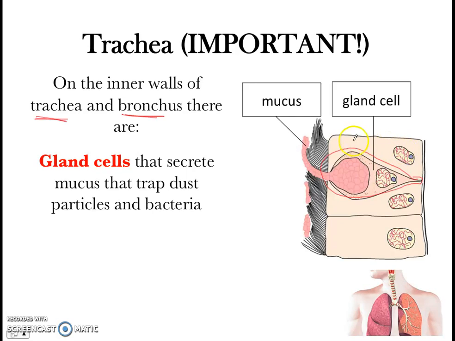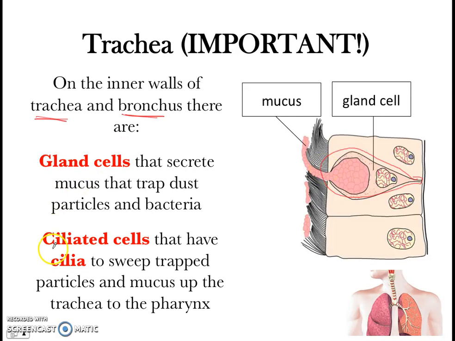You'll notice a second kind of cell here. What do you notice about it? It has these hair-like structures. So on the inner walls of the trachea, there's also ciliated cells. Ciliated cells that have cilia. Cilia meaning hair. They have cilia, and these cilia, their function is to sweep up the trapped particles and mucus.